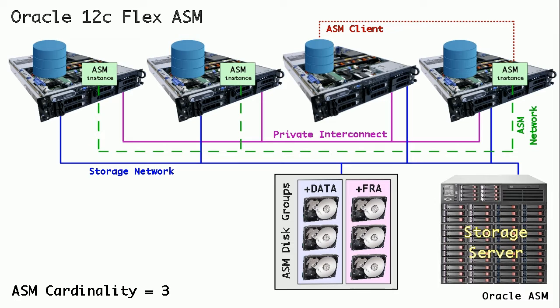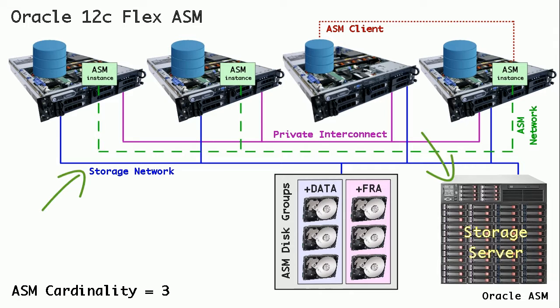Now, let us understand how Oracle 12c's new feature, Flex ASM, works. First thing to understand is, Flex Cluster and Flex ASM are two different options. They are not the same. For this discussion, let us assume that we have 4 nodes in this cluster.